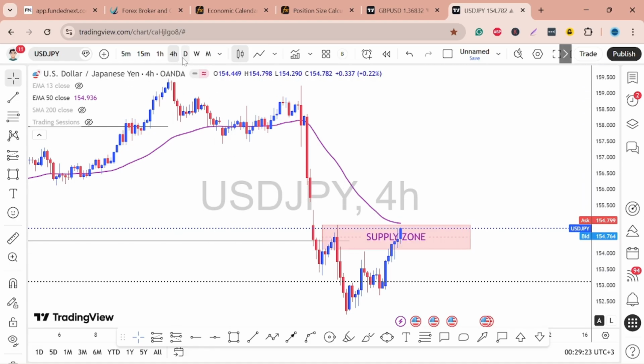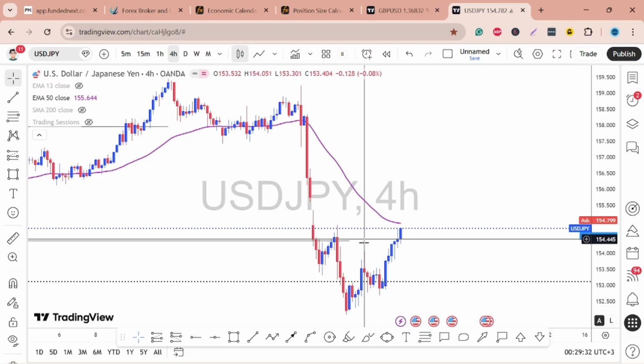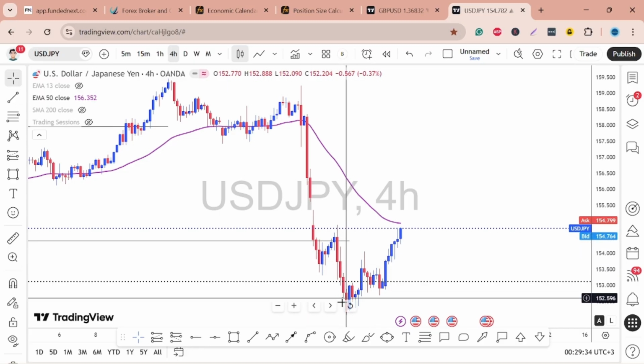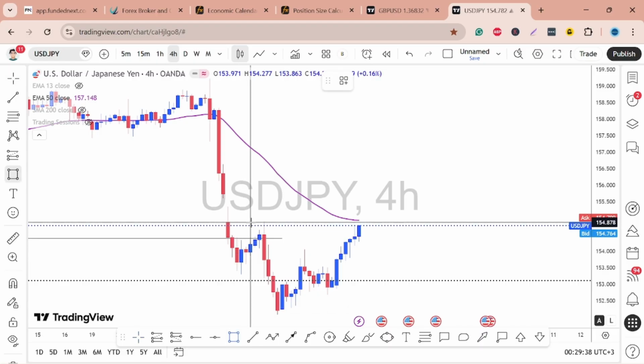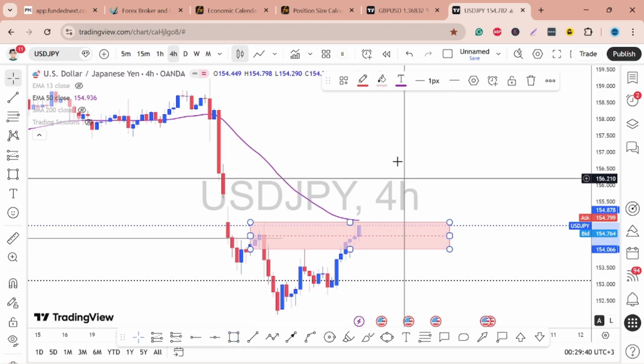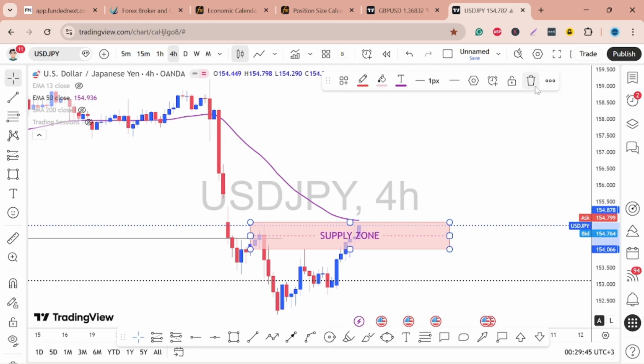Is it valid really? No, I don't think this is a valid zone anymore, because price actually took out the fair value gap here. There's no imbalance. Last week I was looking to trade on this zone, but there was no imbalance on this level to take a position.